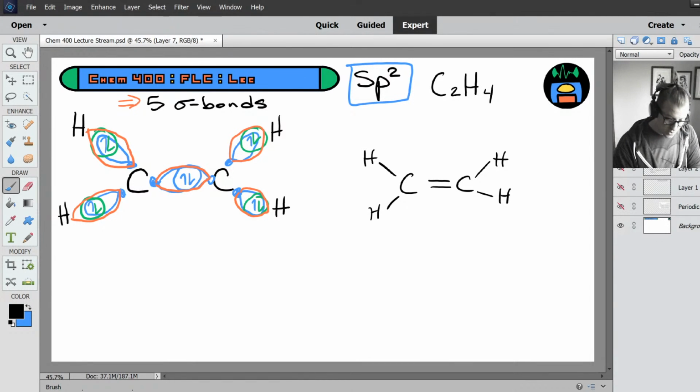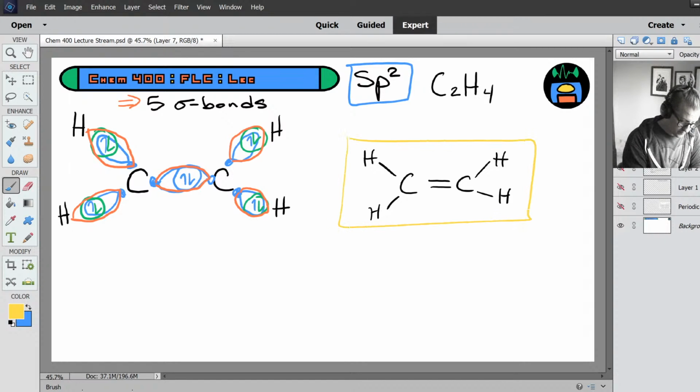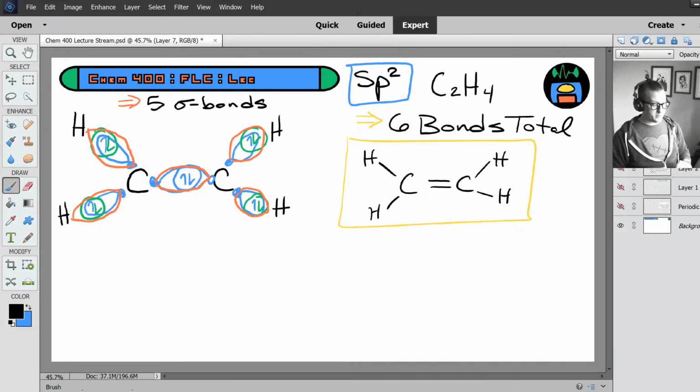But one of the things you'll notice about our Lewis structure is we have 6 bonds total. All right, we've drawn 5 sigma bonds. We're out of sp2 hybrid orbitals, but there's a 6th bond in this molecule, right? What is that second bond in the carbon-carbon double bond that we see in this structure?